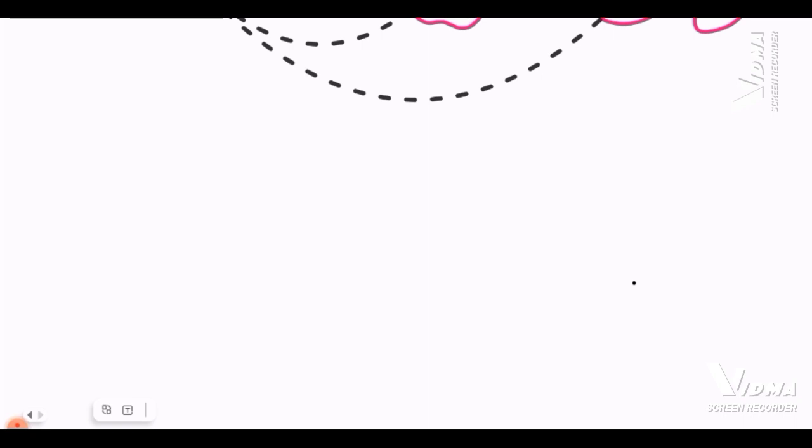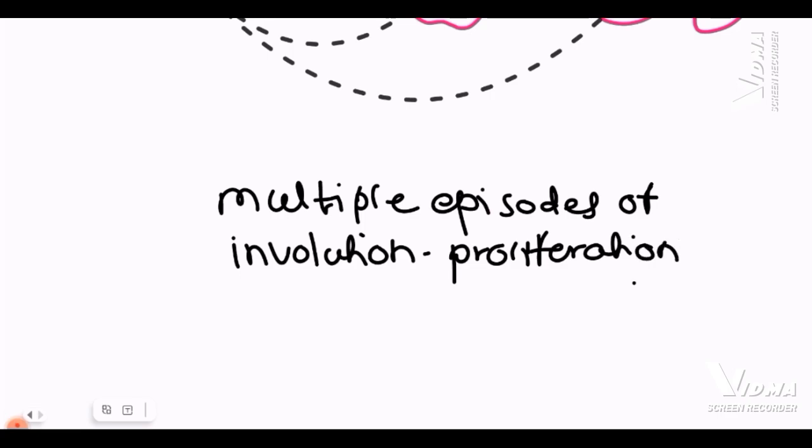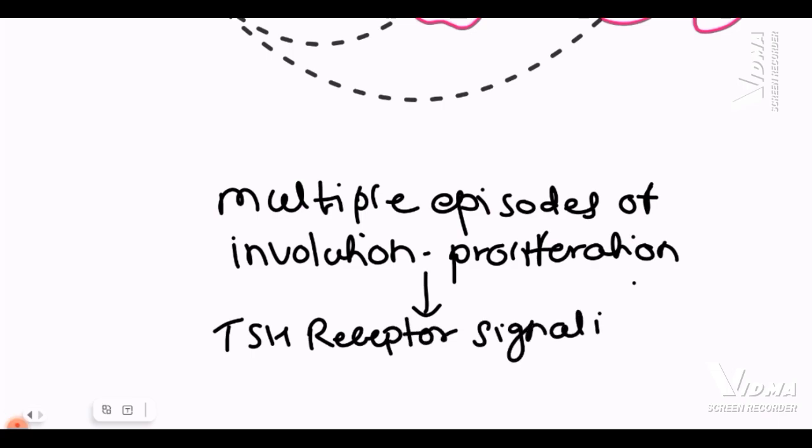So at the end, the core concept is multiple episodes of the involution proliferation cycle that lead to TSH receptor signaling pathway mutation.